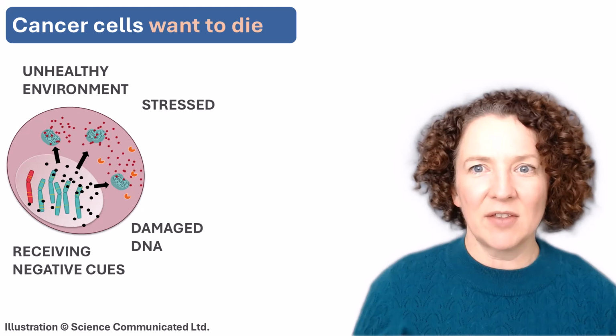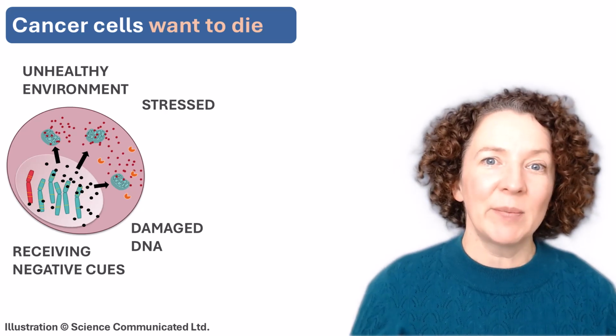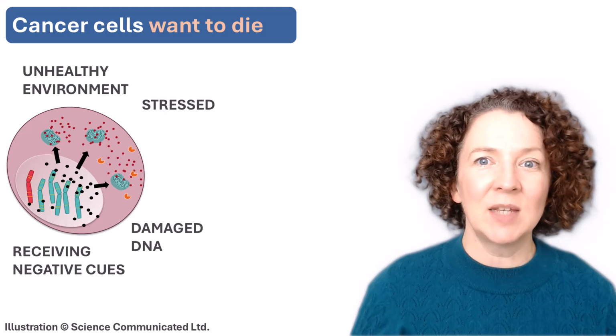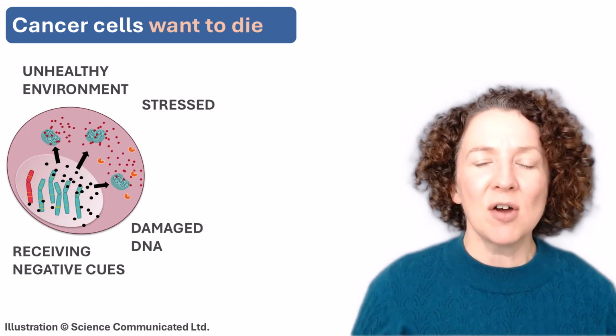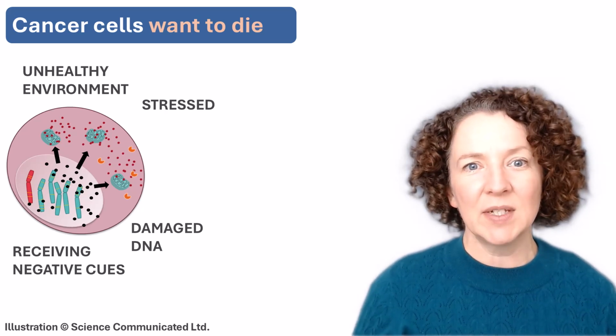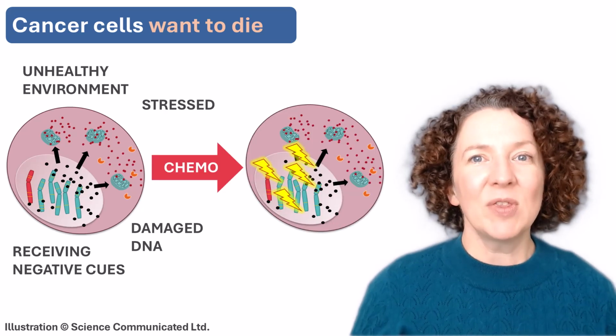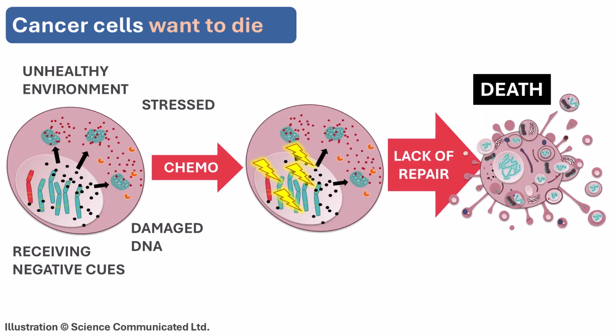Cancer cells, on the other hand, are already damaged and stressed. Their DNA is faulty, their neighbours are telling them to die, and they're living in a toxic and low oxygen environment. They're like a tree teetering on the edge of a cliff. Chemotherapy damages them just enough to push them over.